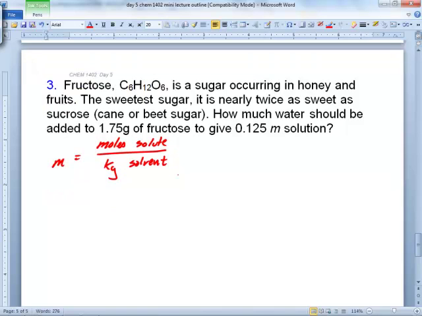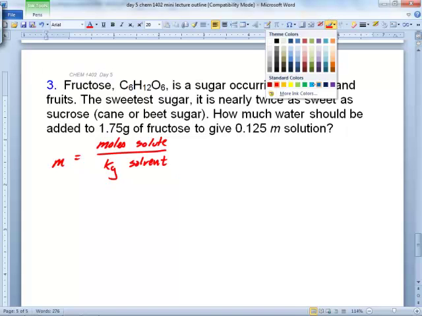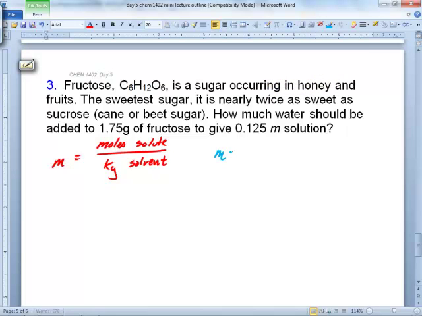We actually stuck in what the stuff was. Little m, moles of what, kilograms of what. Monica, what would you say? Little m is moles of, yeah, solute, but what's the solute? Moles of? What do we put on the top? Moles of?